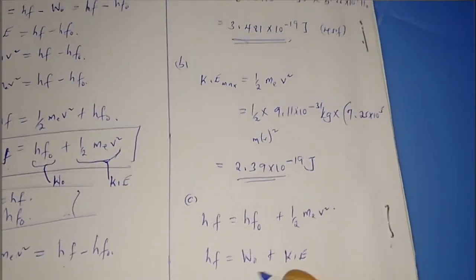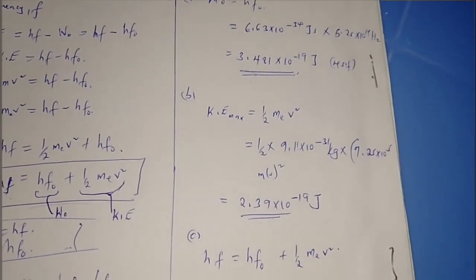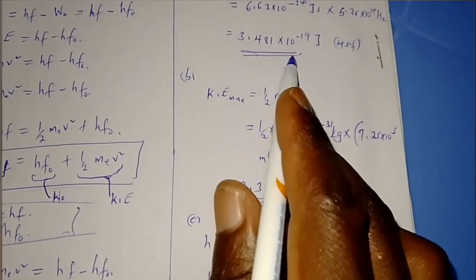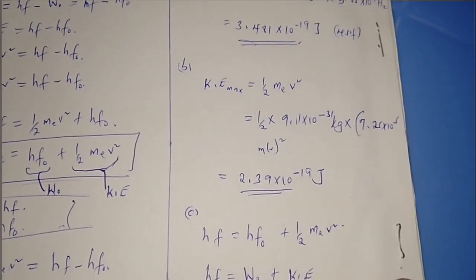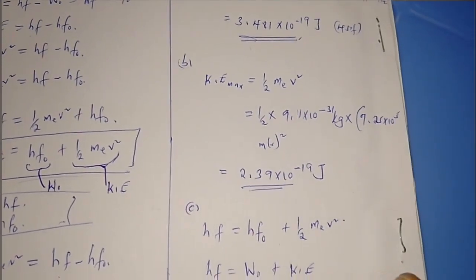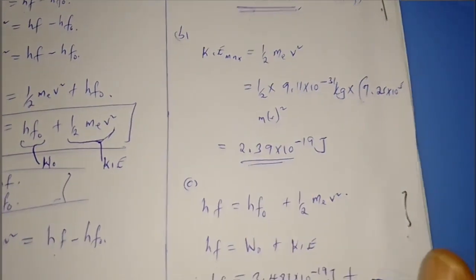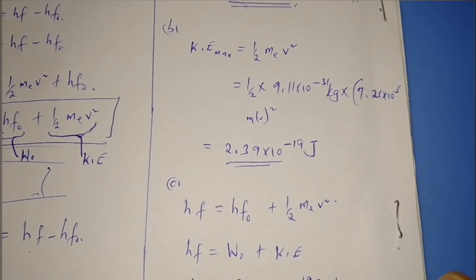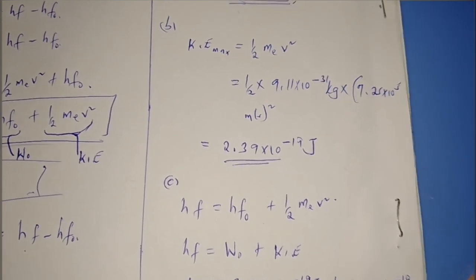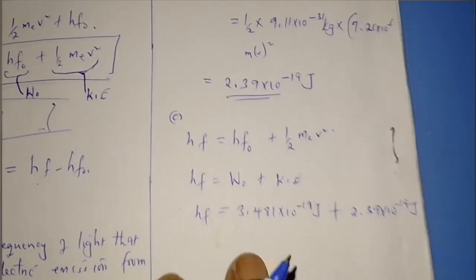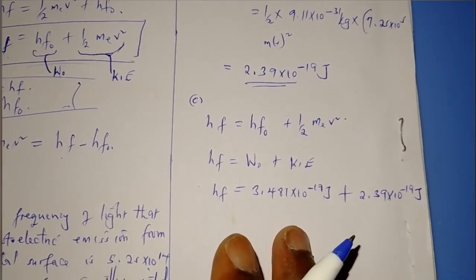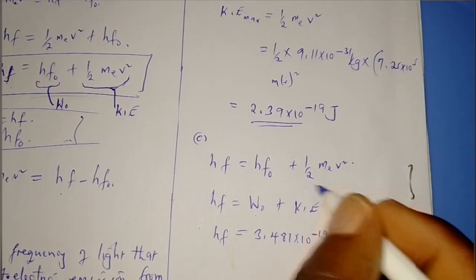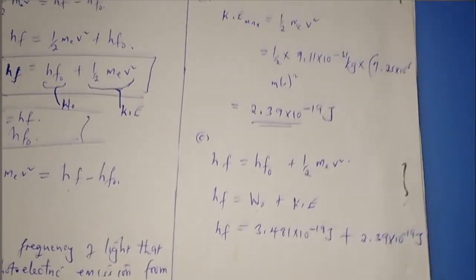So we just write 3.481 times 10 raised power negative 19 joules plus kinetic energy 2.39 times 10 raised power negative 19 joules. Then the whole of this is kinetic energy.